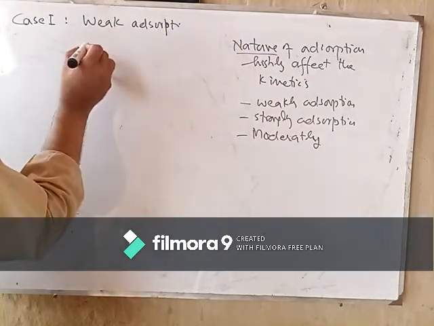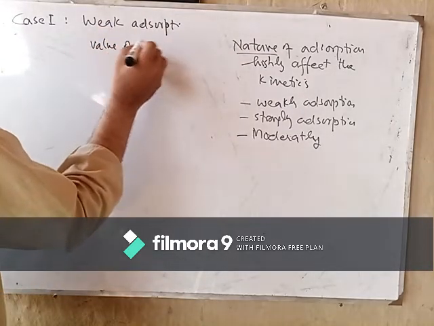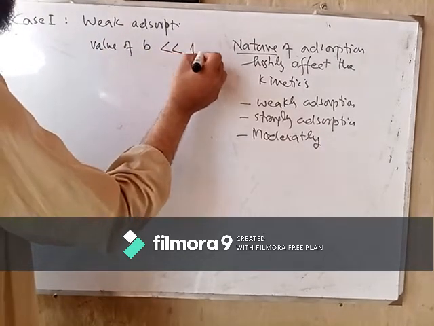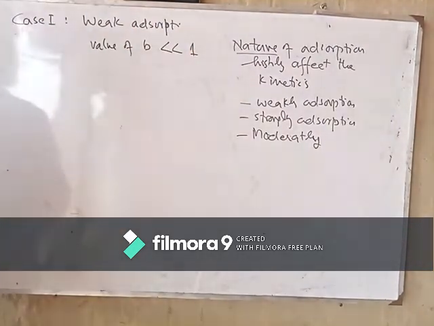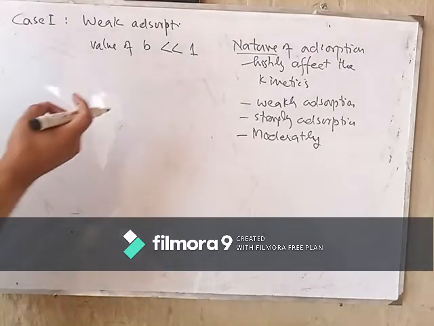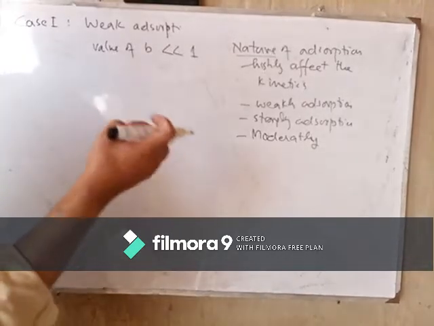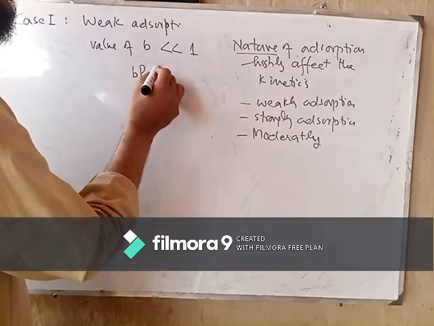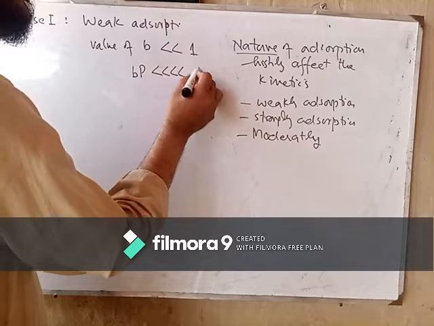Weak adsorption means the value of adsorption equilibrium constant B is very small as compared to 1. तो अगर B की वैल्यू small है और जब इस B को pressure के साथ multiply करते हैं तो उसका result क्या होगा, any very small value multiplied to any value becomes further smaller. So it means B PR would be much smaller than 1.